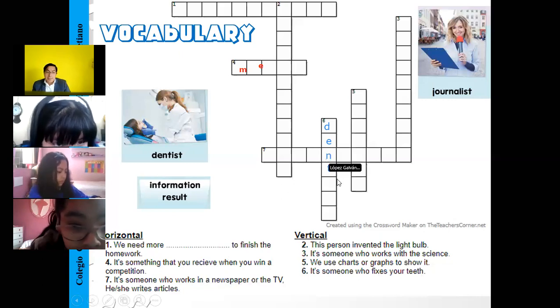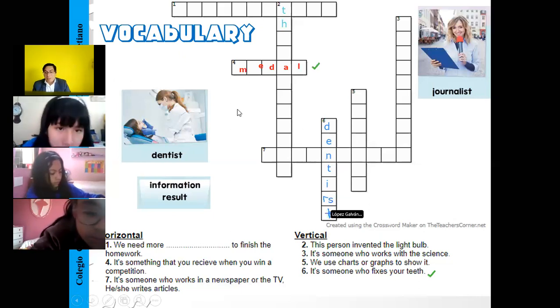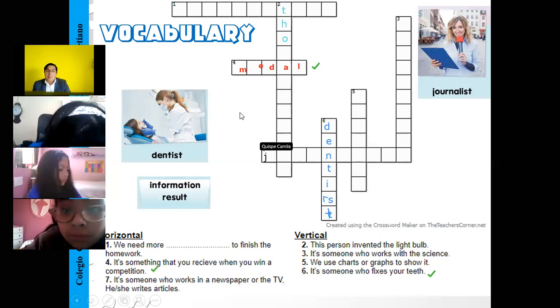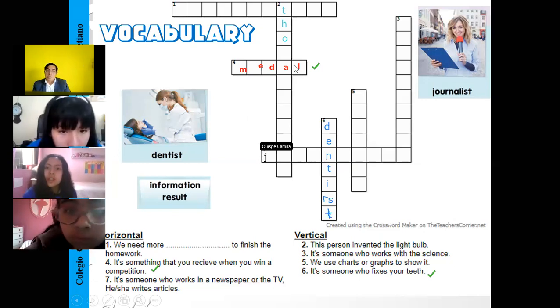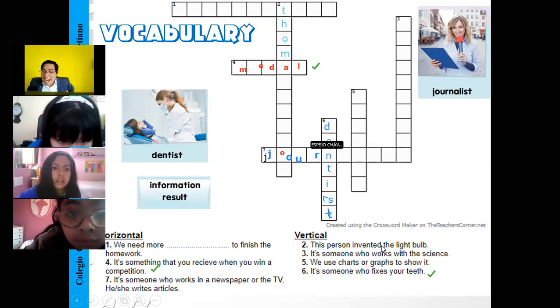For example, very good. Dentist, no? Number 6, very good. Dentist. Number 4, medal, very good. Yes, Diana is writing, no? The name of the person who invented the light bulb.